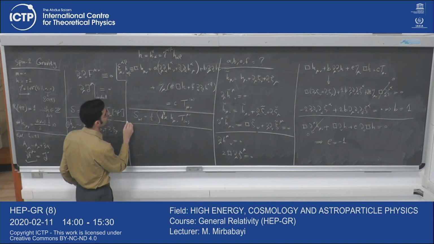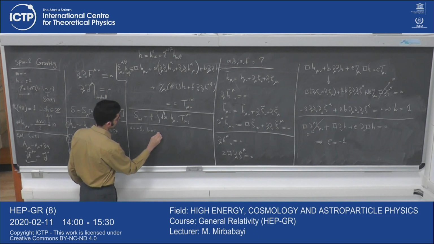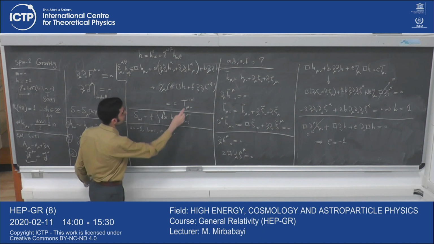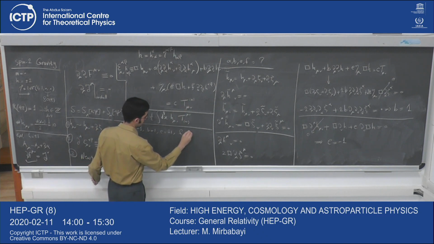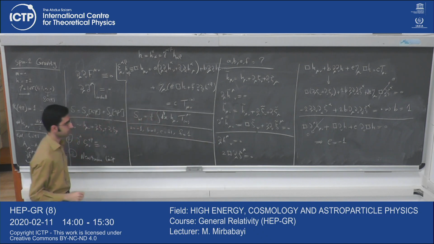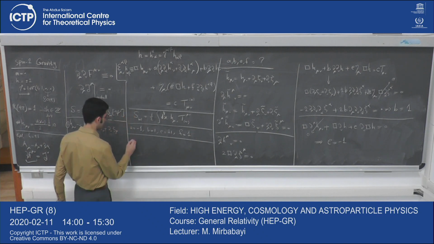I just write the values for A, B, E and F. So A has to be minus 1, B has to be 1, E minus 1, and F is 1. We still need to determine C.